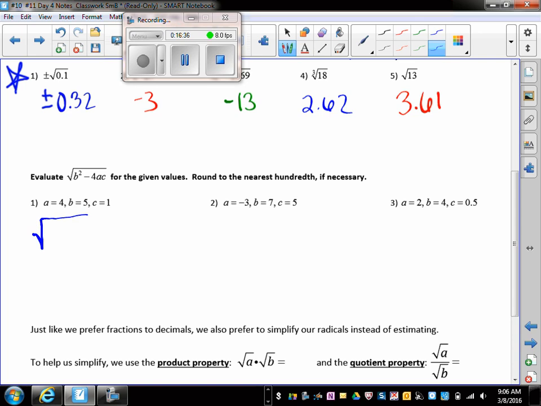They give us what a, b, and c are. So b squared means 5 squared, minus 4 times a, which is 4, times c, which is 1. So we should all be writing this down: square root of 5 squared minus 4 times 4 times 1.